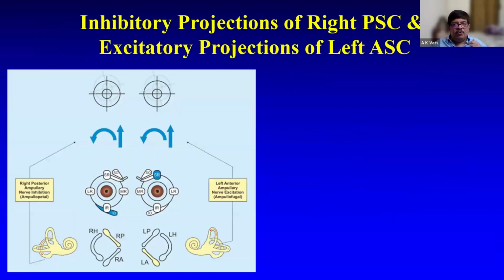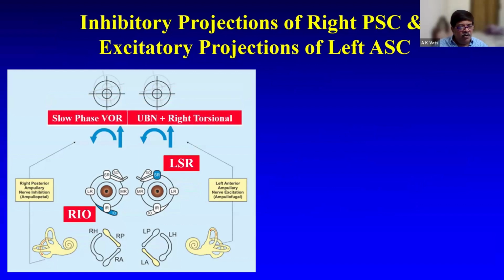So the inhibitory projections of the right posterior semicircular canal and the excitatory projections of the left anterior semicircular canal are to the right inferior oblique and left superior rectus. So the slow phase VOR, which generates nystagmus, is upbeating and right torsional.